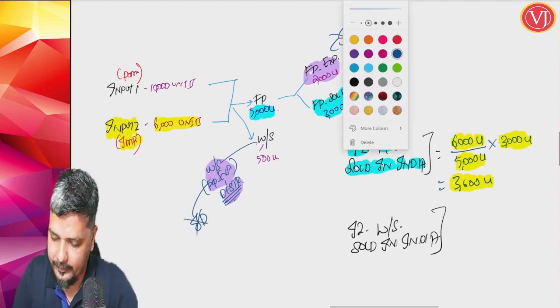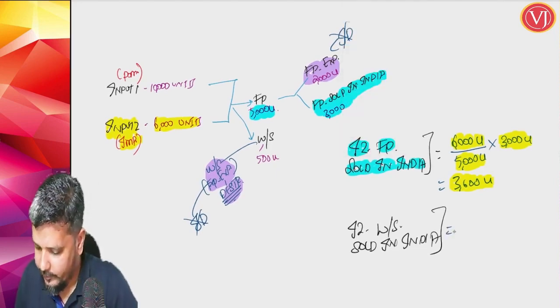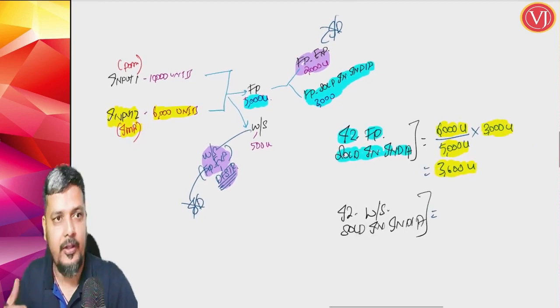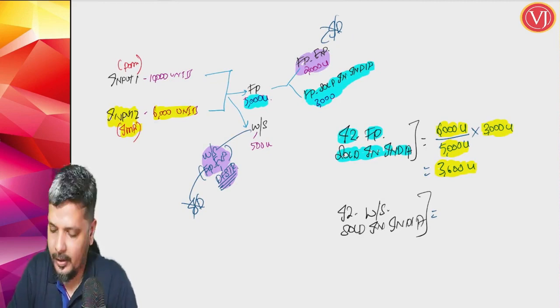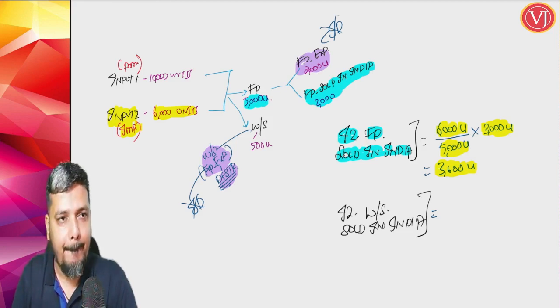Now how to find that? This is actually a question from your ICA module, and it is based on your basic principles of costing. How to find out that? You're talking about waste and scrap. How much is the total waste and scrap? 500.